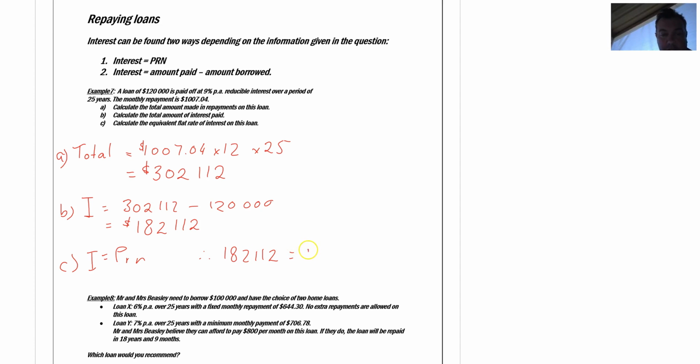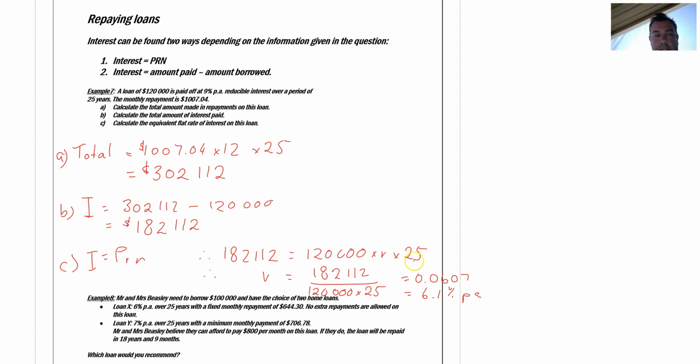182,112 is 120,000 times the rate, which we don't know, which we're trying to find, by my 25 years. Therefore, my rate is the interest, 182,112, divided by the principal times the number of terms.